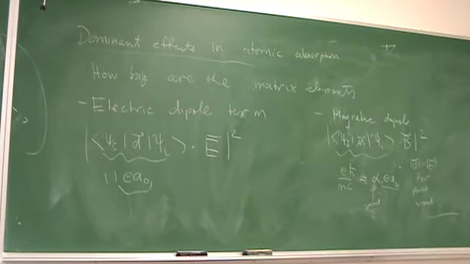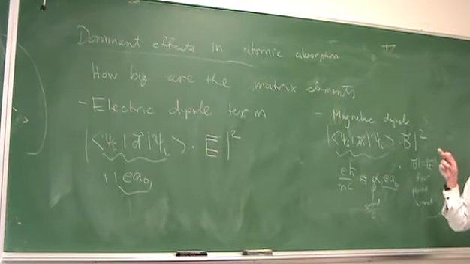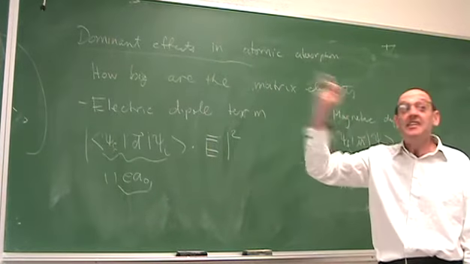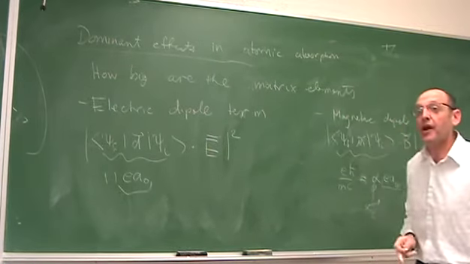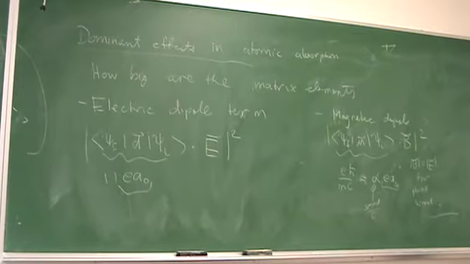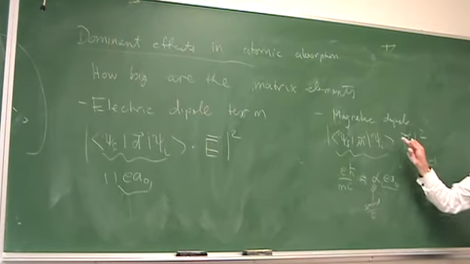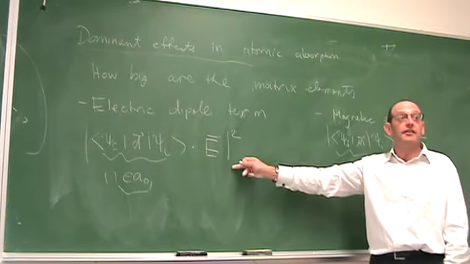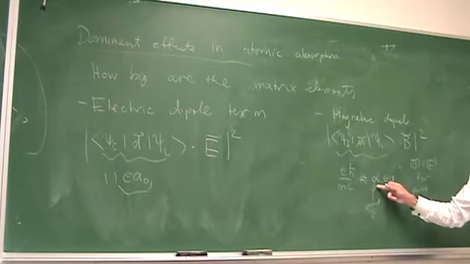So if I have a plane wave, my expectation is that the magnetic dipole part of this interaction is negligible compared to the electric dipole part, because the ratio of this rate to this is the fine structure constant squared.